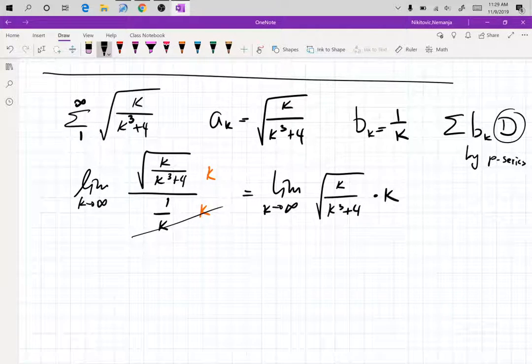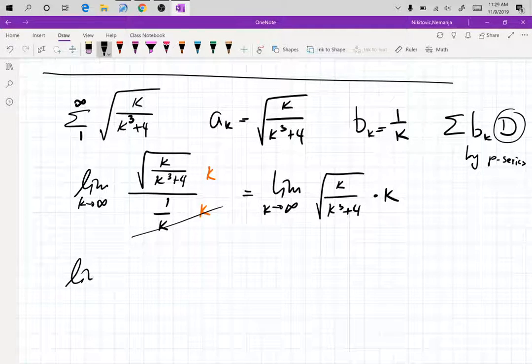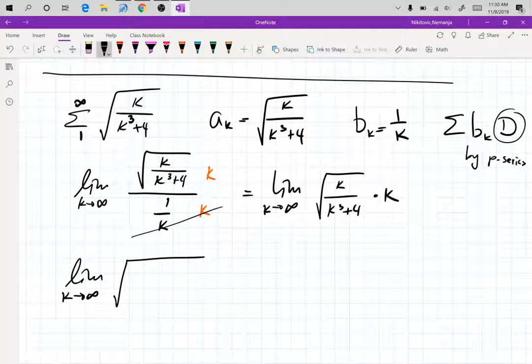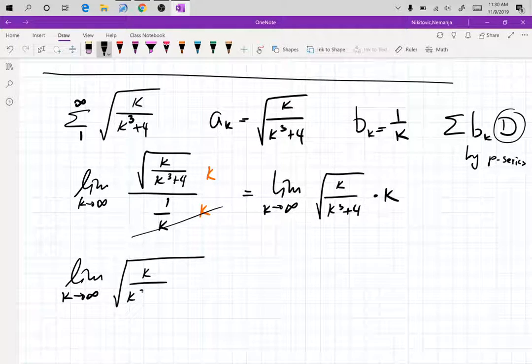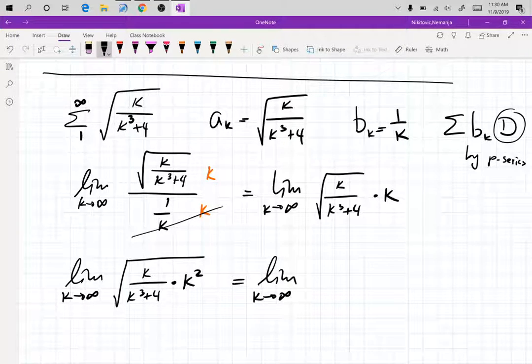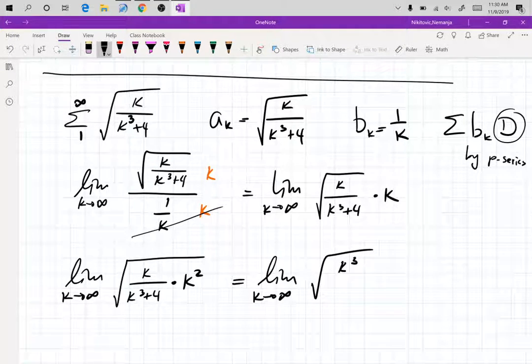Now I'm going to stuff the k under the root. I'm going to write out all the steps, which is square root of k over k cubed plus 4 times k squared, because when the k goes under the root, it picks up a square. So now k times k squared is k cubed, so limit of k cubed over k cubed plus 4.